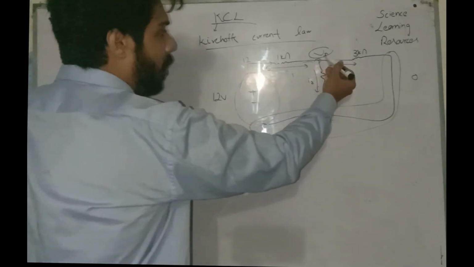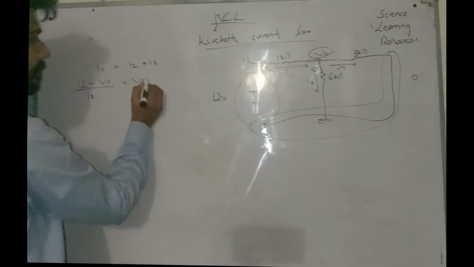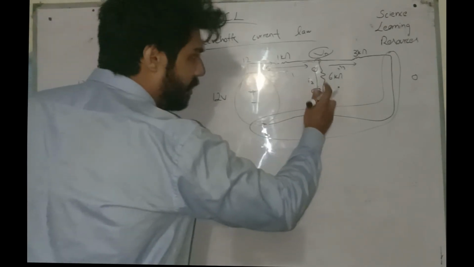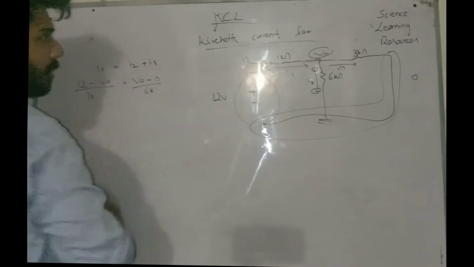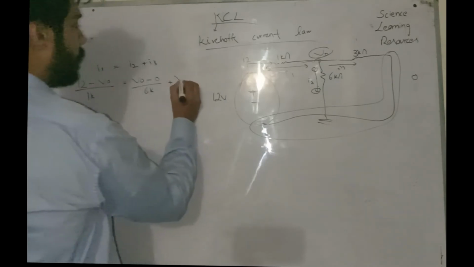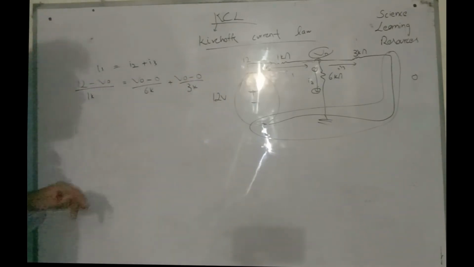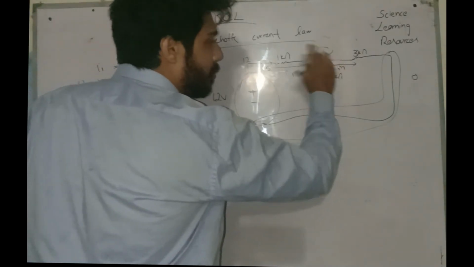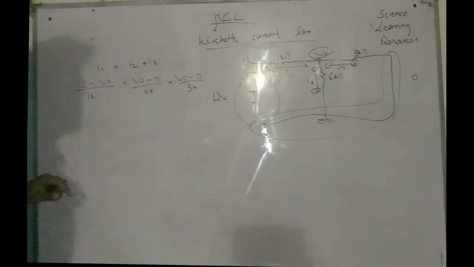I2 has V0 at its tail, so it is V0 minus what is at its head, which is 0, divided by the resistance here, 6 kilo ohms, plus I3. I3 is V0 minus 0 divided by 3k, because at its tail it is V0 and at its head it is 0, divided by the resistance. So current is equal to V over R.